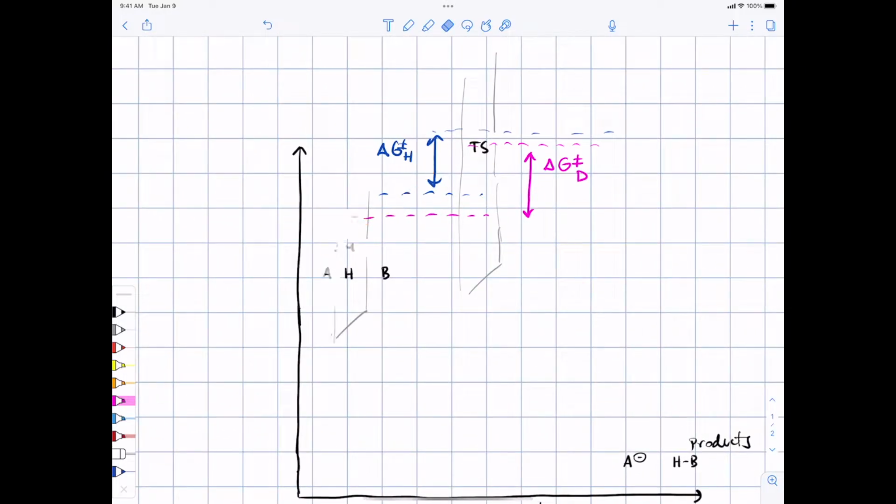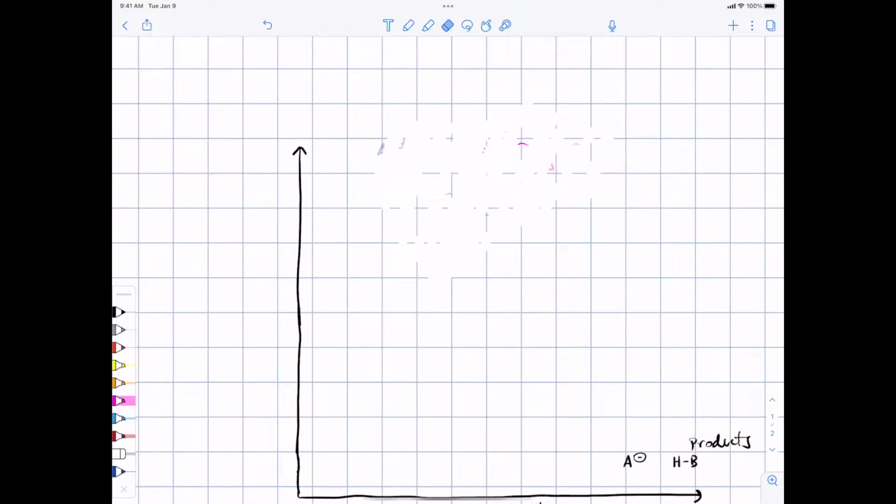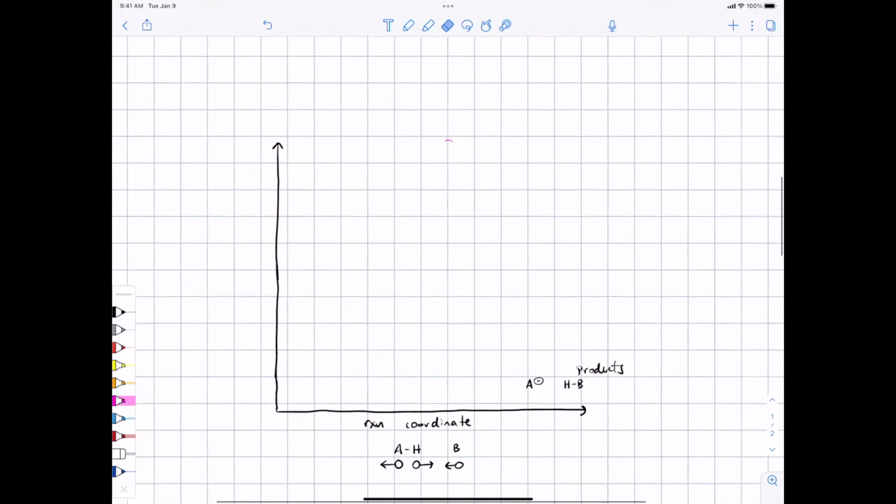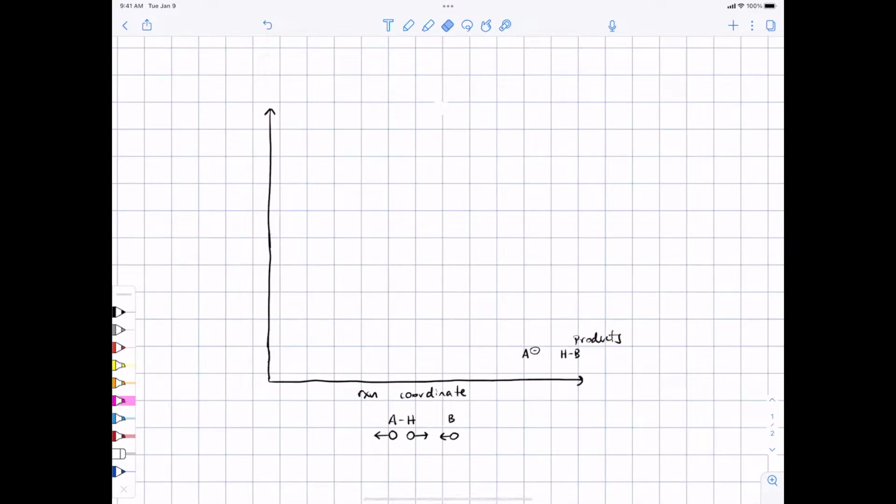So forgive me while I erase some stuff. All right, so same kind of situation, but here's our starting materials. Our products are going to be down here, but our transition state is going to be here.